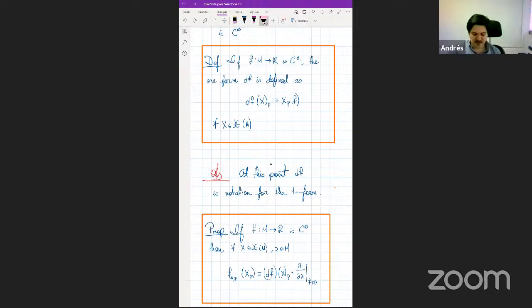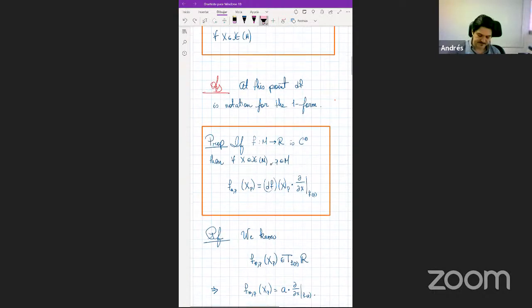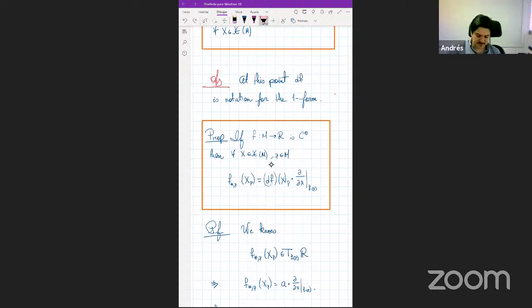Okay, so let's prove this. So again, by the definition of f lower star, I have a vector here. And because this is one-dimensional, and I have a standard basis, which is just d/dx, in order to determine this, I need to determine only a scalar, a real number. So this is what I need to find.